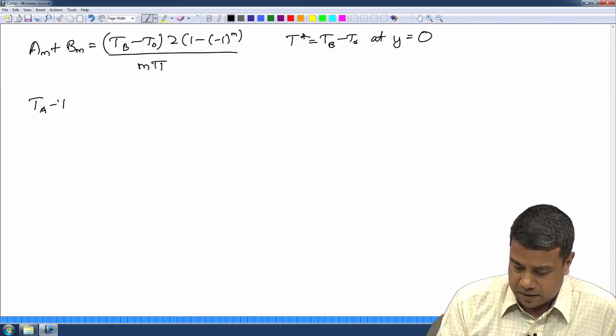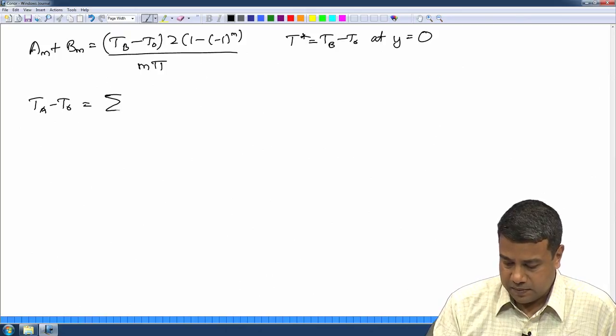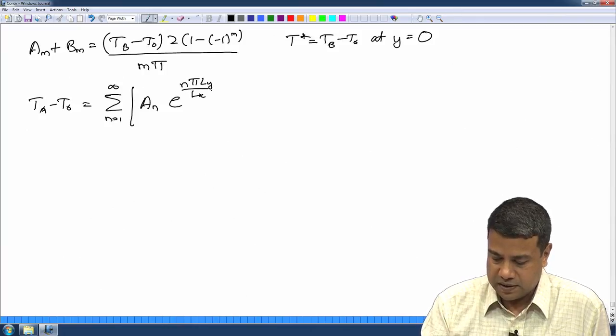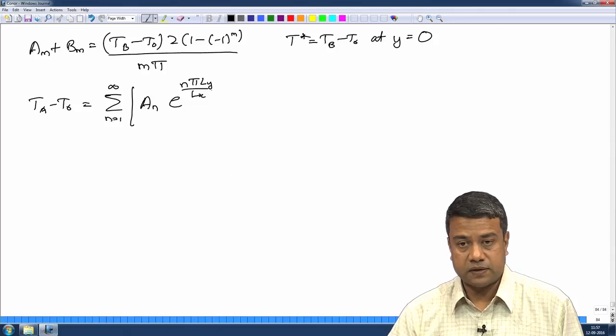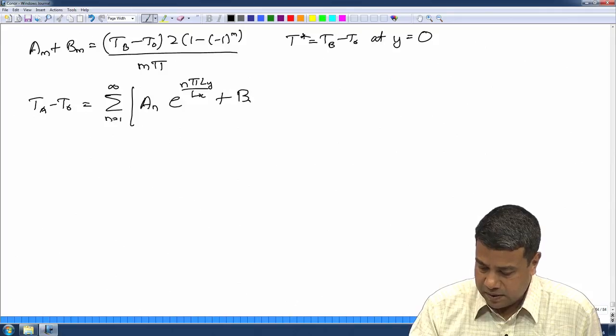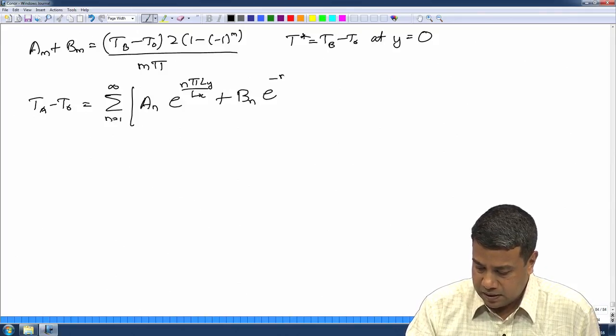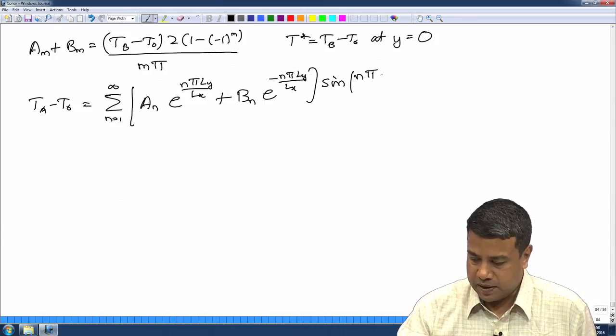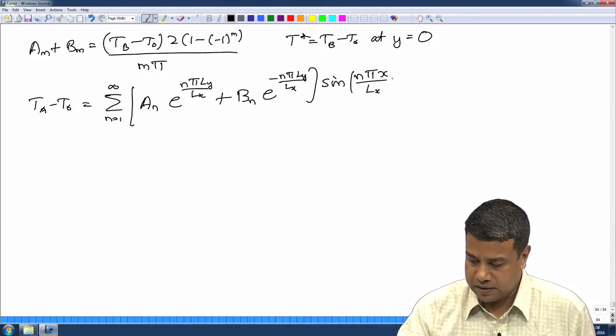TA minus T naught is equal to summation n is equal to 1 to infinity of An times e power n pi Ly by Lx, because this is at y is equal to Ly. So, instead of y I have to substitute Ly, plus Bn e power minus n pi Ly by Lx into sine n pi x by Lx.